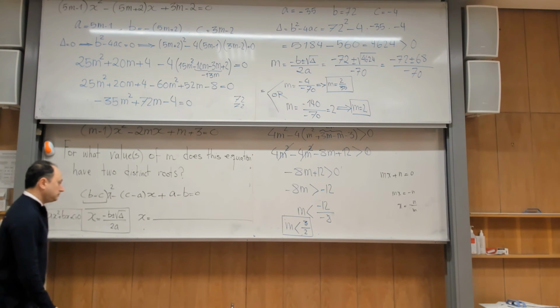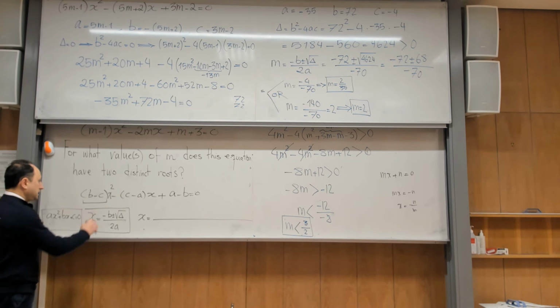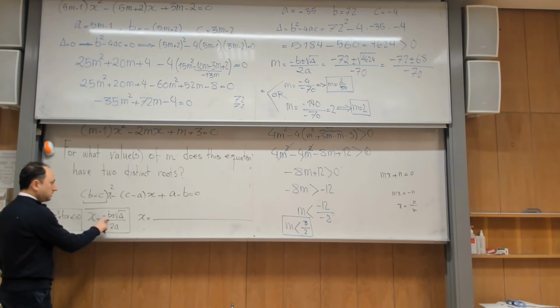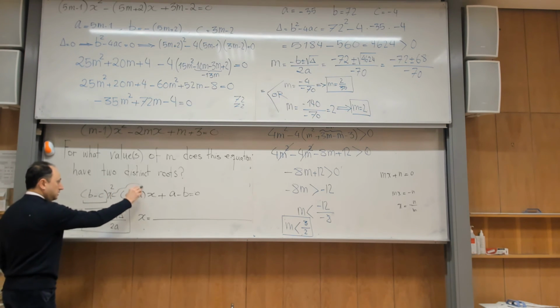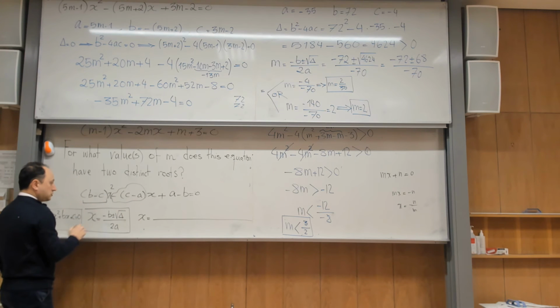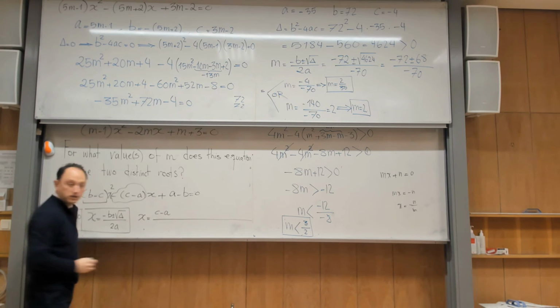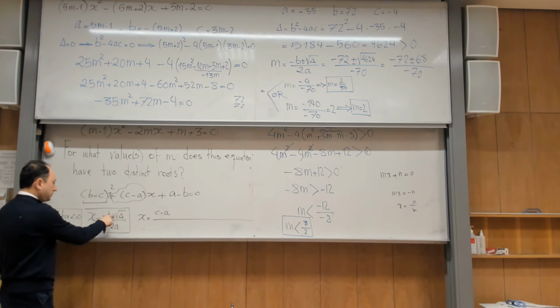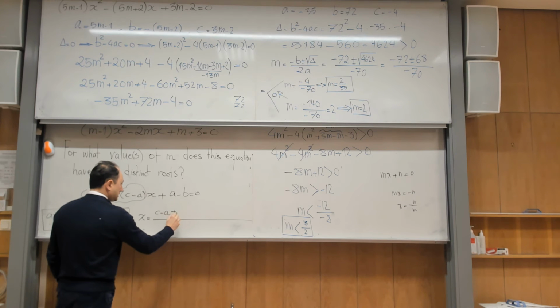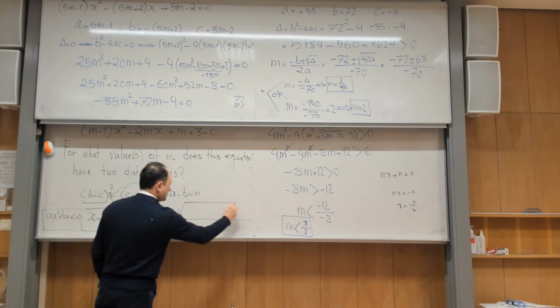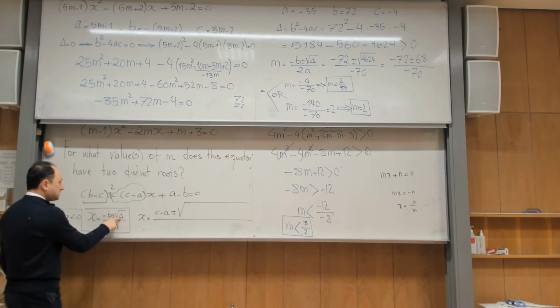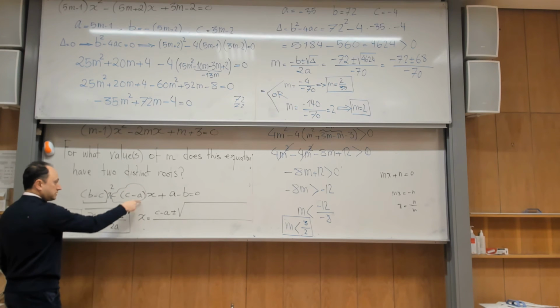Yes? So what happens? It becomes minus b. This is your b. So minus b will cancel this minus sign, and you are left with c minus a. Yes? And then you have plus or minus, and then you have a square root sign. Delta is your b squared. B squared will get rid of this minus sign.